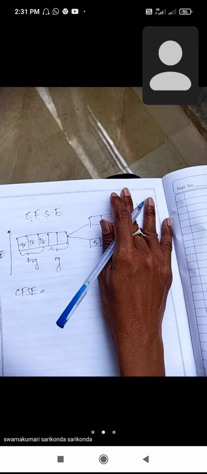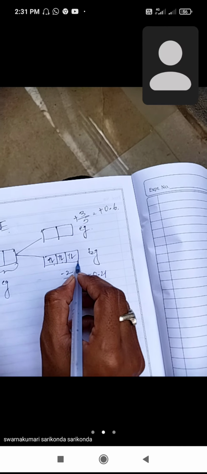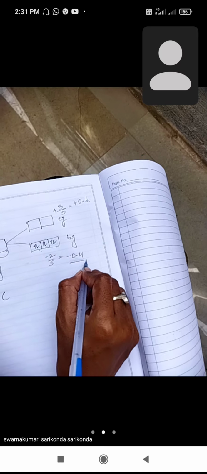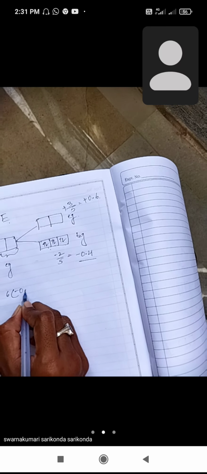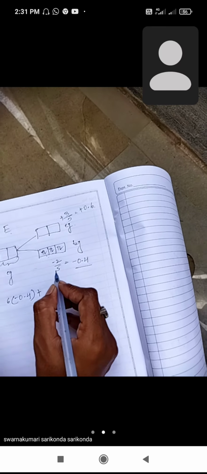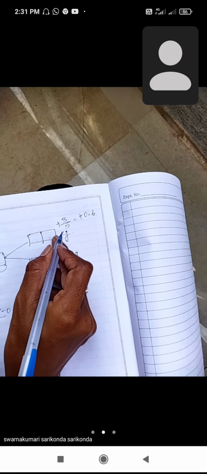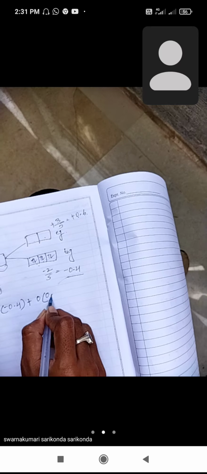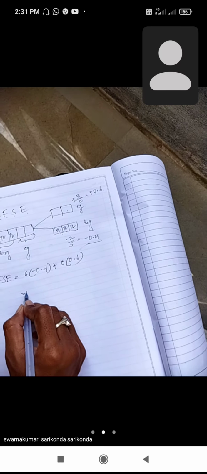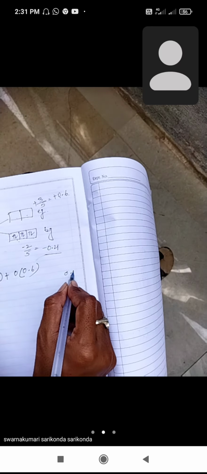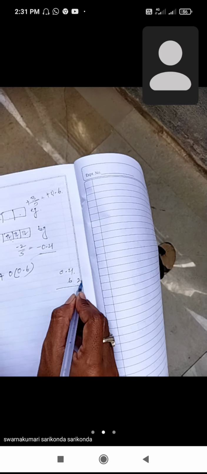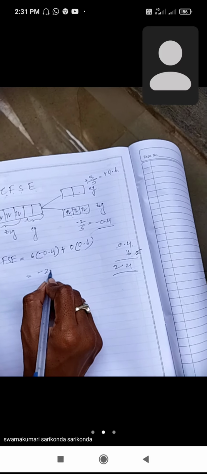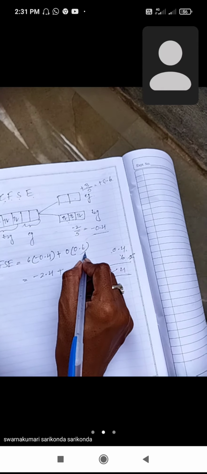Here 6 electrons are there, so 6 into minus 0.4 plus 0 into 0.6. 6 into 0.4 is 2.4, so the value is minus 2.4 plus 0, since 0 into anything is 0.